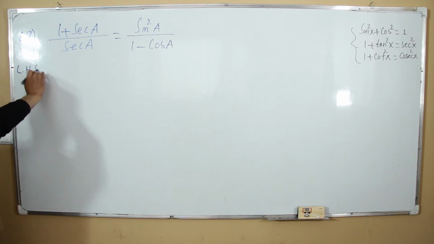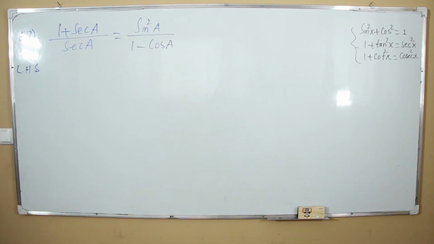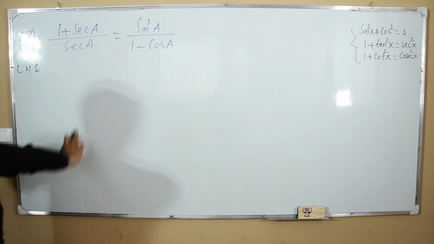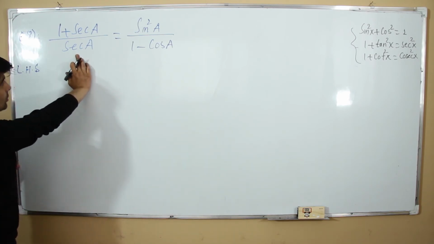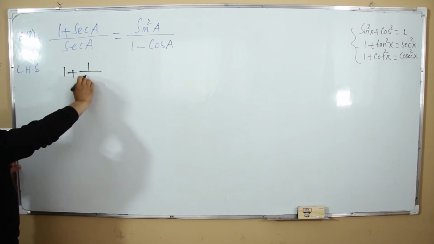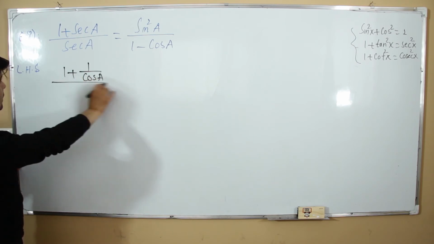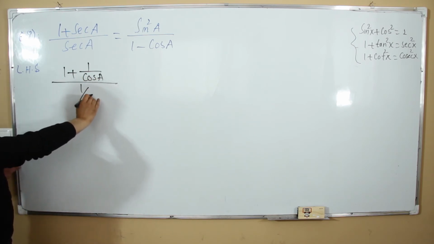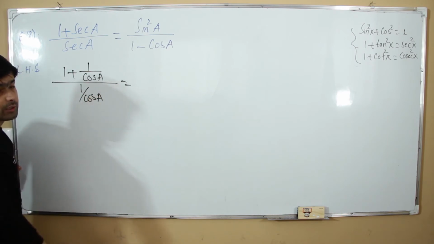What do you have in LHS? In LHS we have 1 plus secant a divided by secant a. So change this one to sine and cosine. You will have 1 plus 1 divided by cosine a, and 1 divided by cosine a. Am I right or not? Yes.